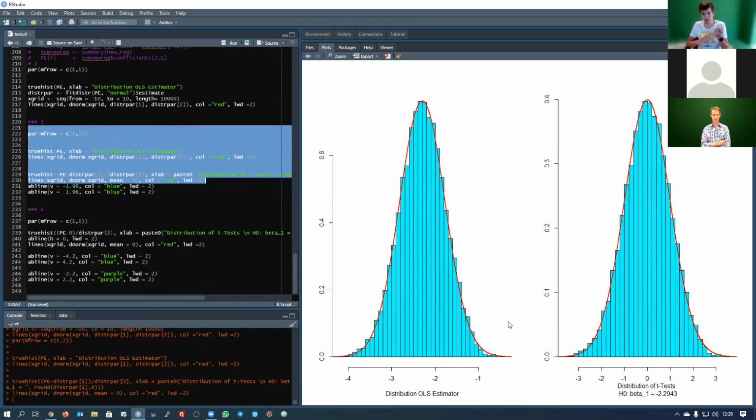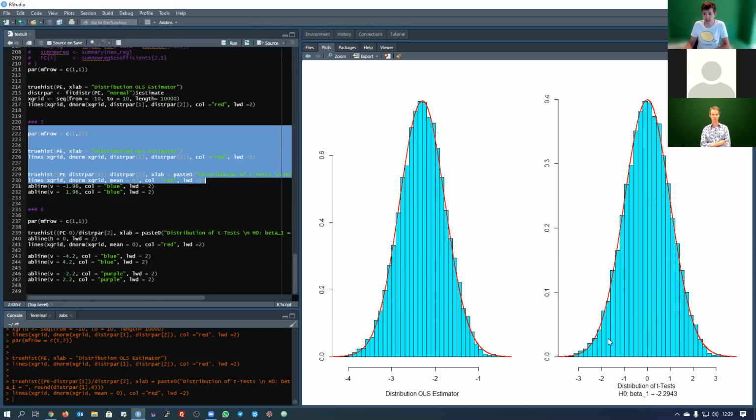Now, the t-tests conducted or generated by all the 10,000 resampled regressions for the hypothesis that beta 1 is equal to minus 2.2943. That is the value we would get if we run the regression for the whole sample that we initially had.